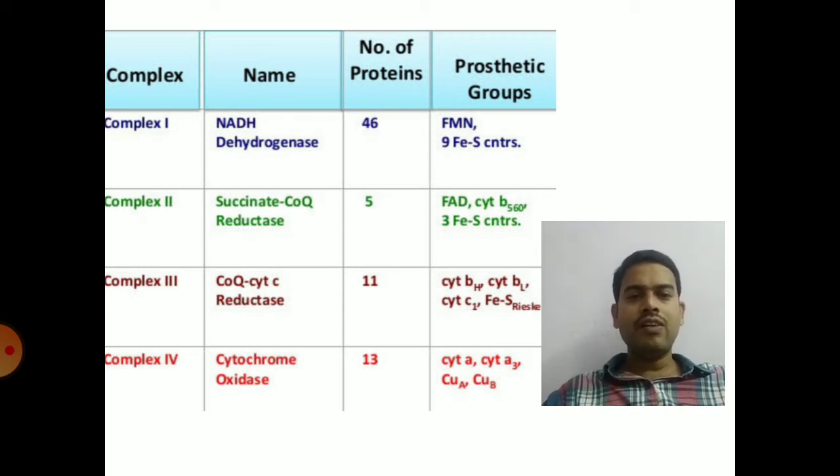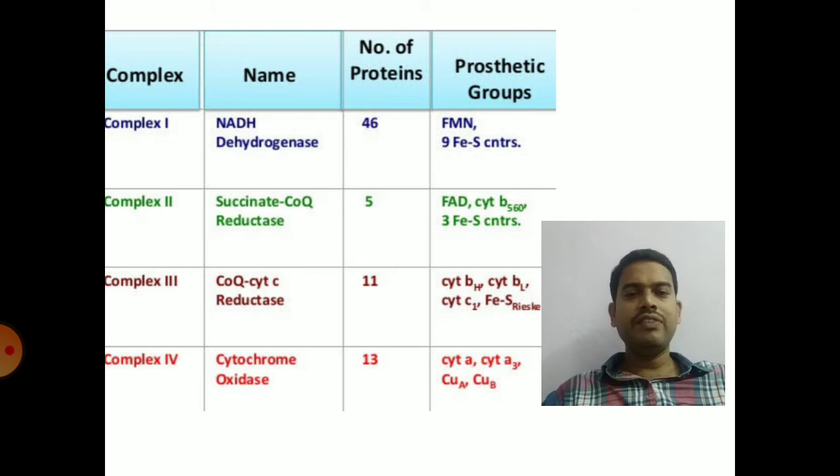So in glycolysis and Krebs cycle, we have seen three different kinds of components. One is NADH2, the other one is FADH2, and the other one is ATP and GTP. So ATP and GTP are formed instantaneously, so that is called substrate level phosphorylation.